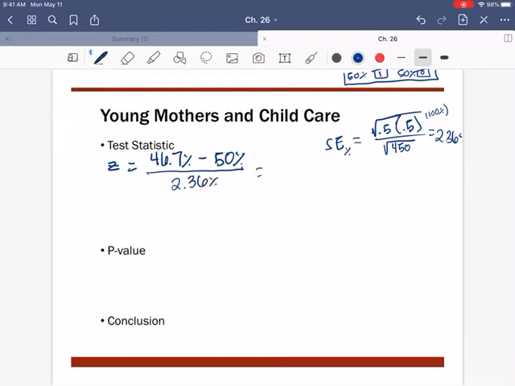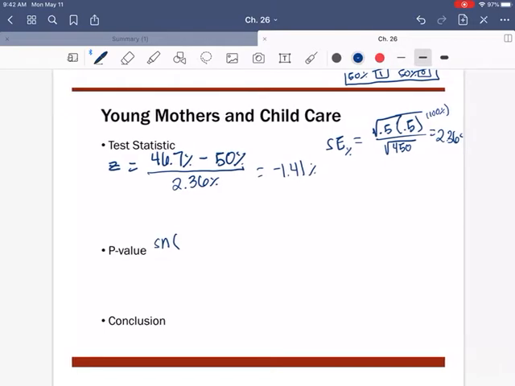Okay, so our standard error is 2.36. If we do this arithmetic, we get negative 1.41.